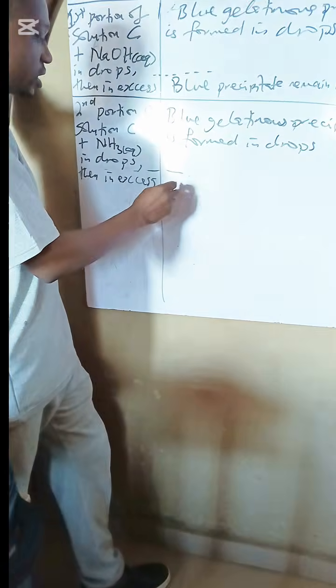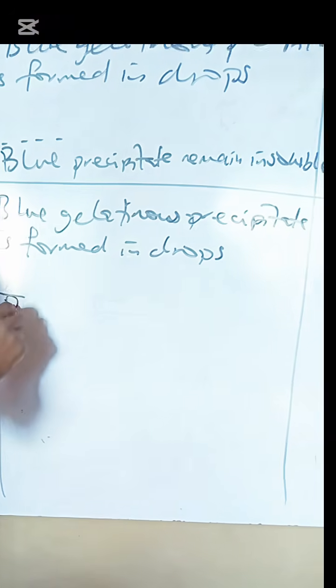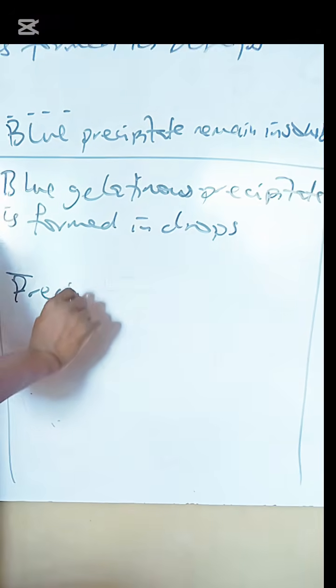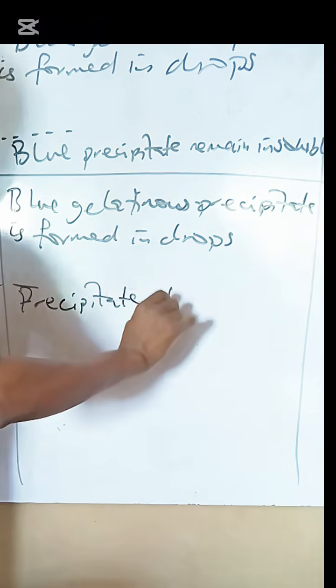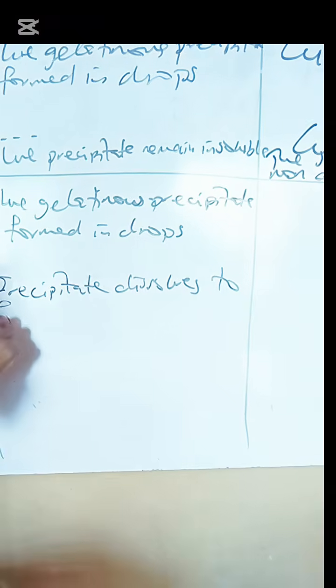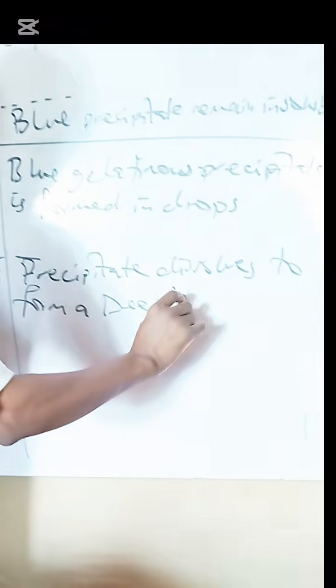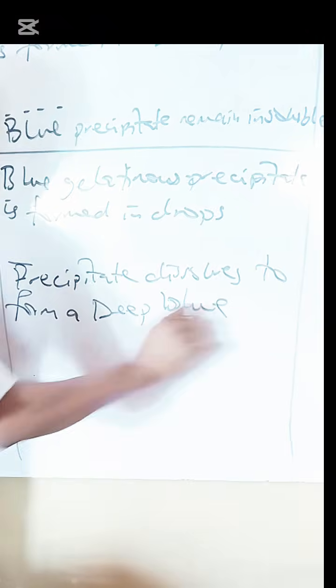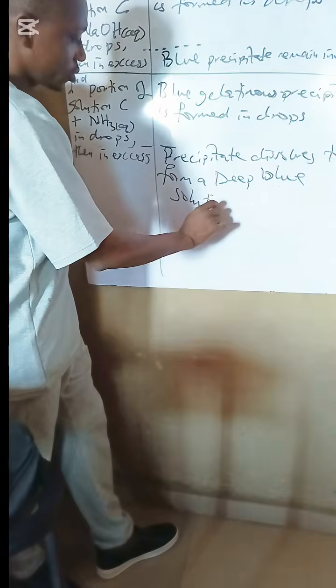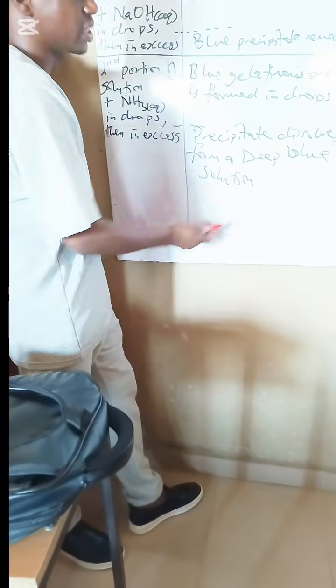And then in excess, the blue precipitate dissolves to form a deep blue solution. You must put it that way, to form a deep blue solution, we must put it that way.